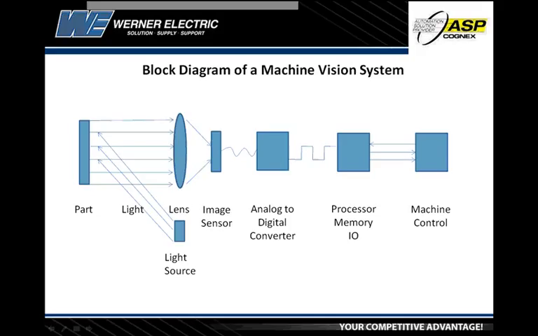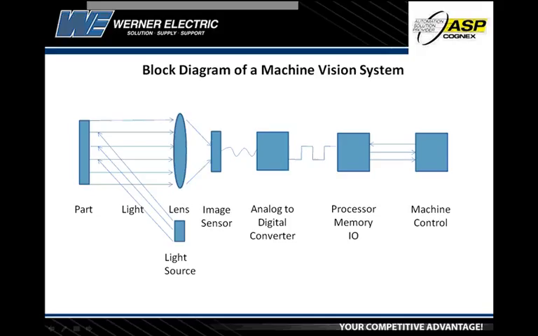So we have our hundreds of thousands of light points in an array that form an image, and that data, that electricity, is actually an analog signal on the image sensor, and then it has to be converted. So the next block on the diagram is an analog to digital converter that converts the light, the image sensor converts the light to an analog signal.